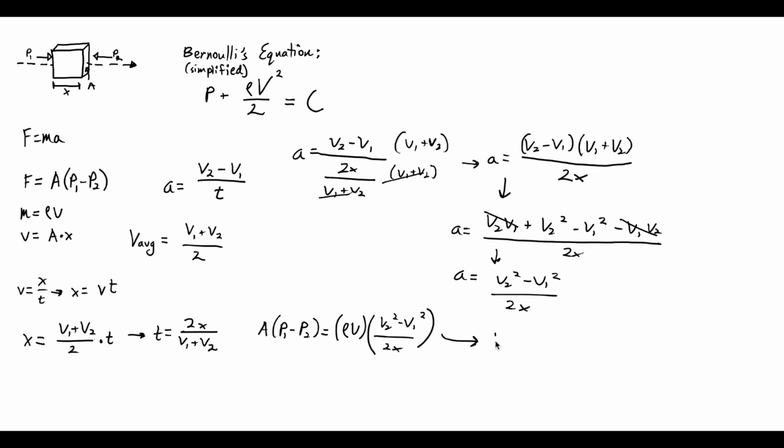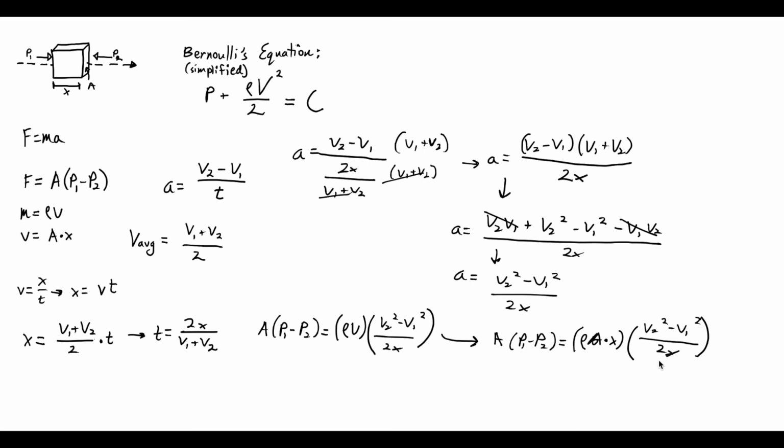So P1 minus P2 equals rho times area times x for distance, and then v2 squared minus v1 squared over 2x.